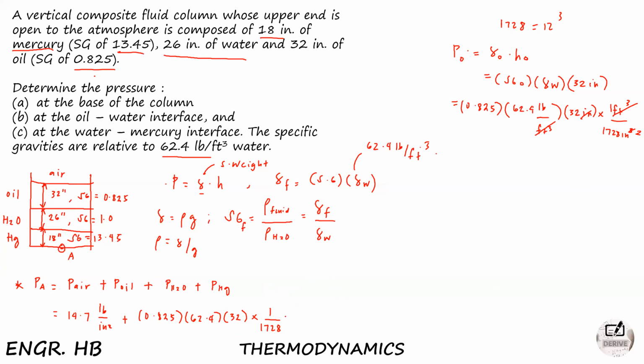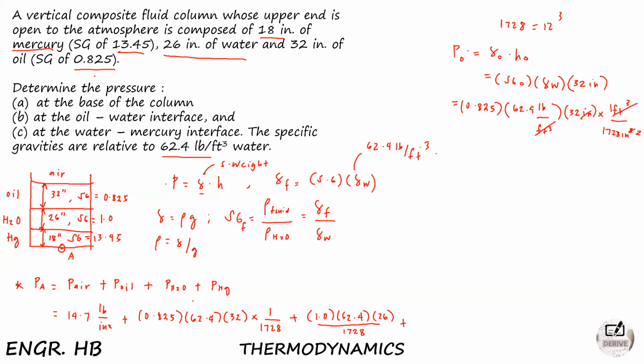So, for the water, we just follow the rule or the pattern here. The SG of water is 1.0. Of course, that was equivalent again to 62.4. Ang height niya is, kung ito ay 32, ang height niya is 26. Divide natin ulit sa 1728.